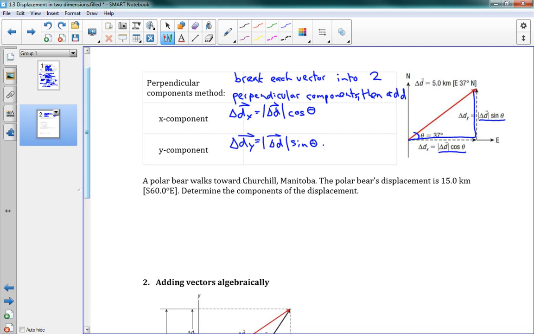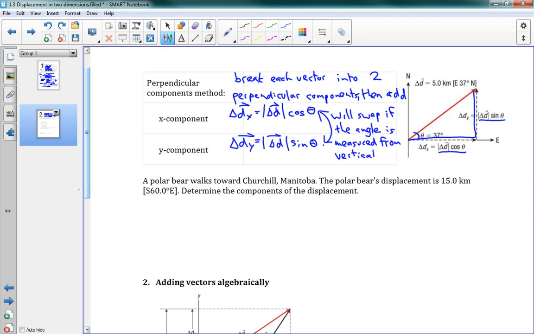And I'll just warn you that the cosine and the sine will swap if the angle is measured from the vertical rather than the horizontal.